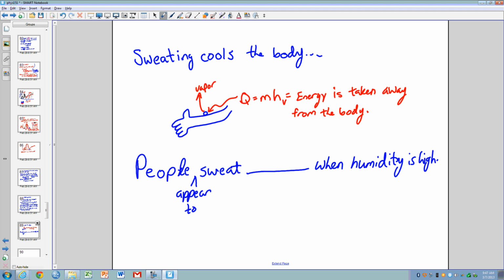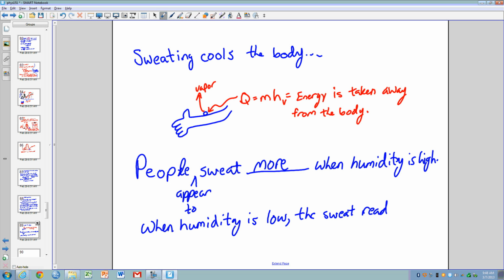When the humidity is low, the sweat readily evaporates and cools the body. But that system gets disrupted when you have very high humidity, and then the sweat just won't evaporate, so it's not as efficient at cooling your body.